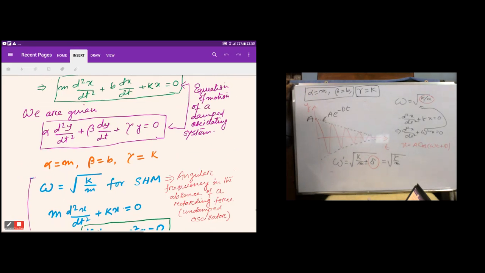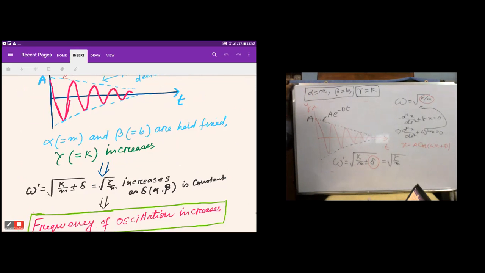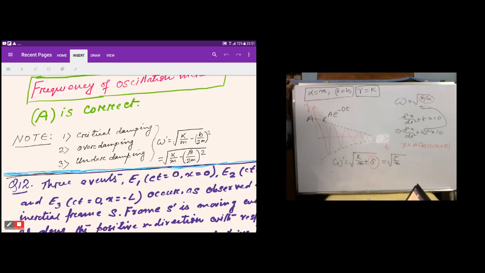One is critical damping, second one is over damping, and third one is under damping. And the formula for the angular frequency omega dash of a damped oscillating system is nothing but square root of K by M minus B by 2M whole square.